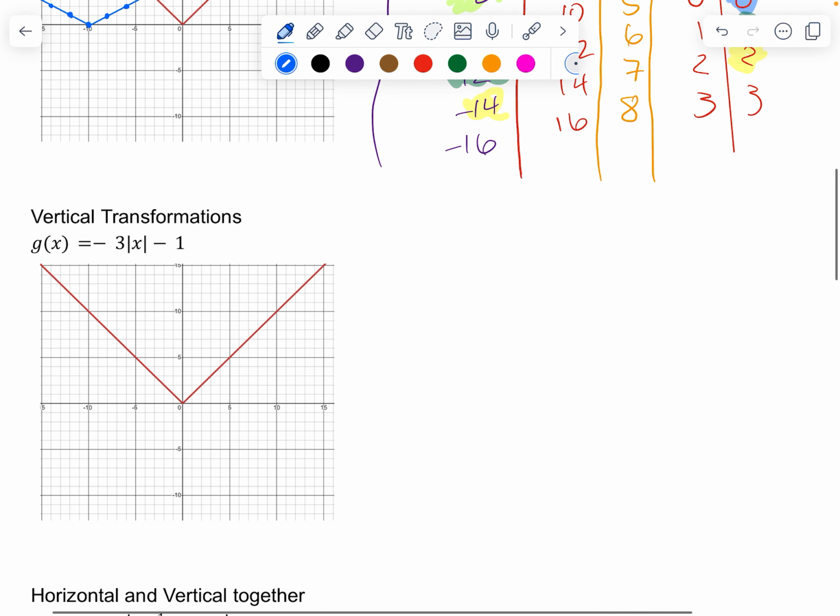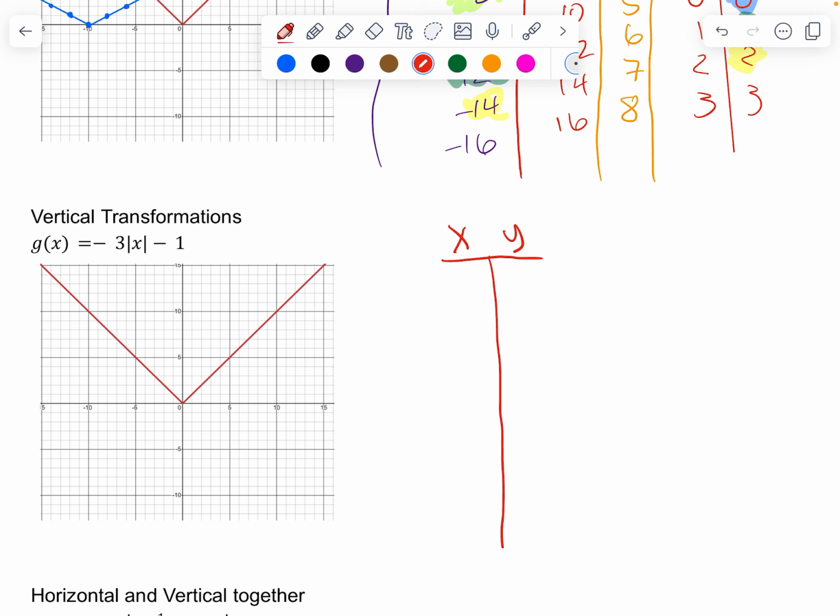Okay, now let's go down here. Now we're going to do the vertical transformation. So again, we're using f of x equals the absolute value of x: negative 3, negative 2, negative 1, 0, 1, 2, 3.